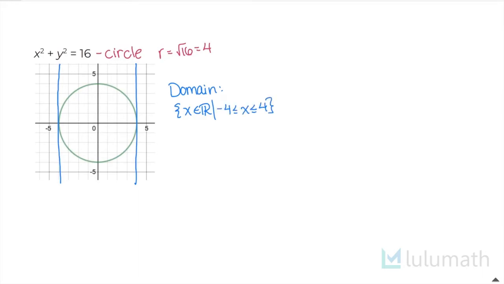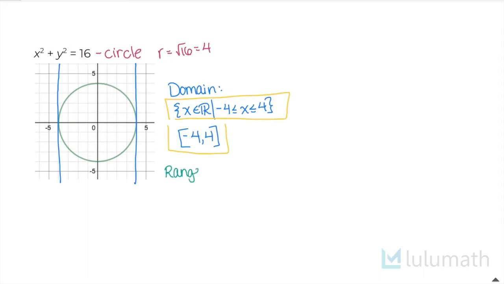And because it includes both -4 and +4, we put equal, not just less than signs. So just a reminder that this is saying that x is greater than or equal to -4, but less than or equal to +4. Now in interval notation, we will just say from -4 to +4 using closed brackets.